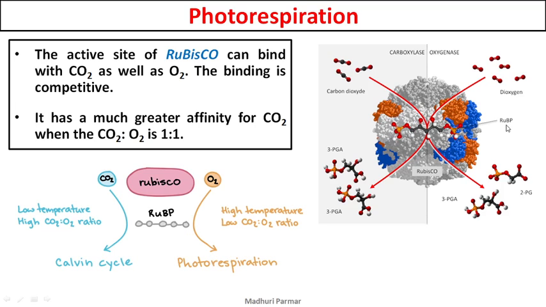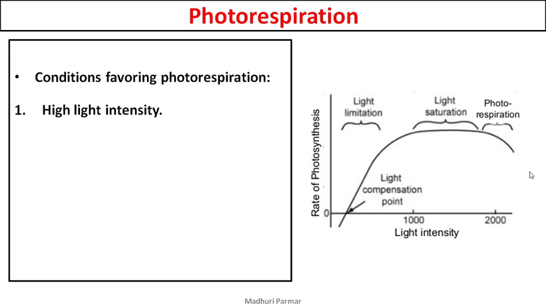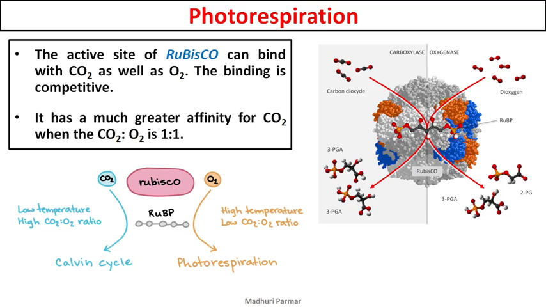While in case of the oxygenase part of the enzyme, when it uses dioxygen, which is O2, there is no carbon which is getting added. So RuBP, which has 5 carbon, will remain 5 carbon. When that 5 carbon compound splits, it will give you 1 molecule of 3-phosphoglycerate and 1 molecule of 2-phosphoglycolate.